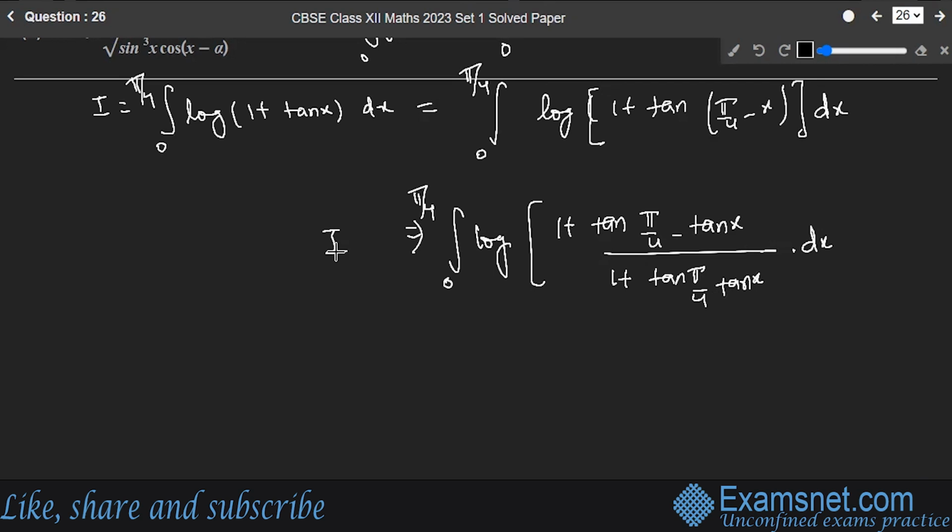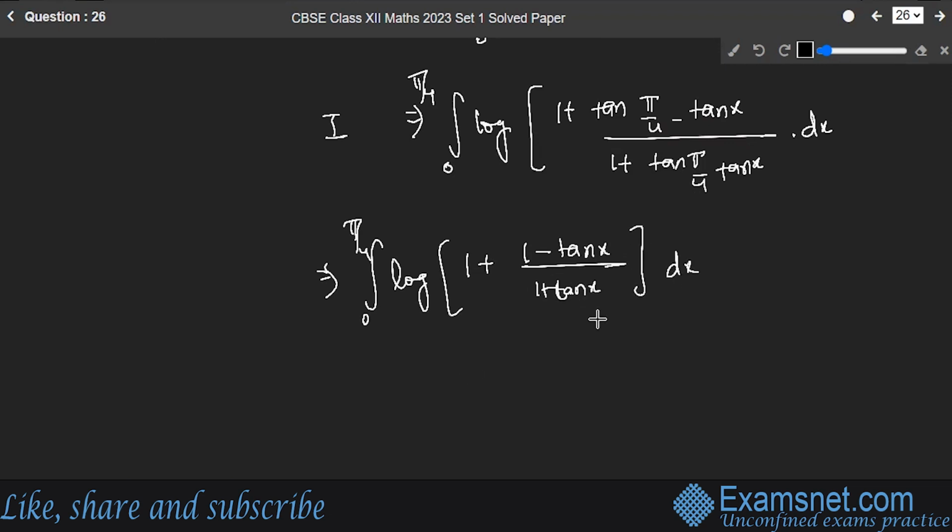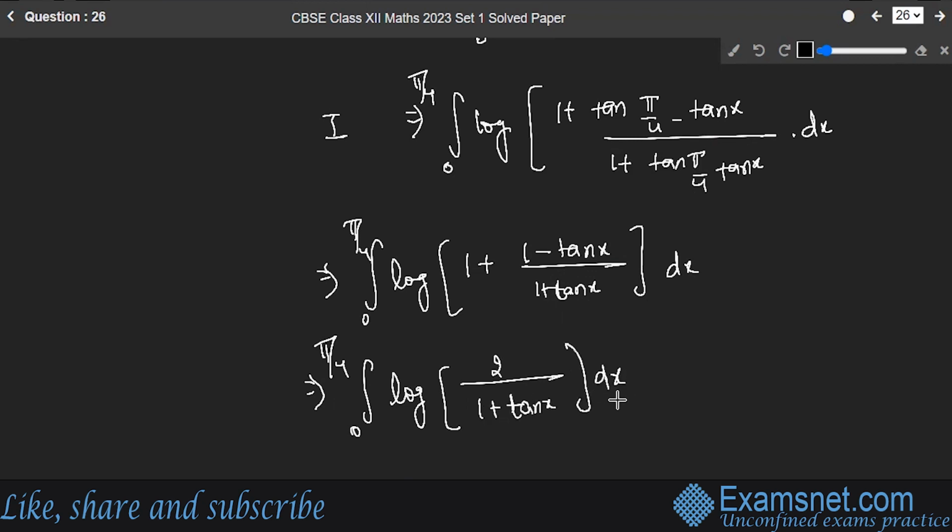So this is integral 0 to pi by 4 log 1 plus 1 minus tan x upon 1 plus tan x dx. This is integral 0 to pi by 4 log, see, 1 plus tan x plus 1 minus tan x, that will be 2 upon 1 plus tan x dx.